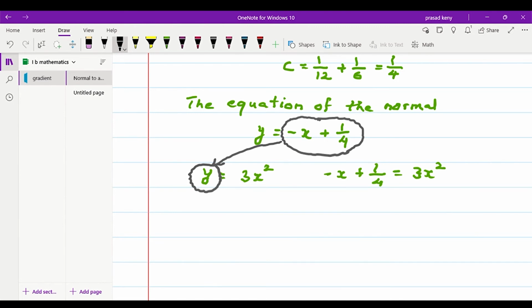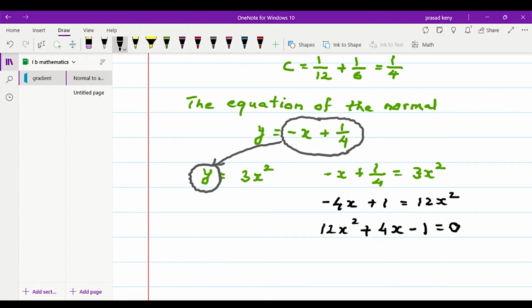So I am getting minus 4x plus 1 is equal to 12x square, or 12x square plus 4x minus 1 equal to 0.